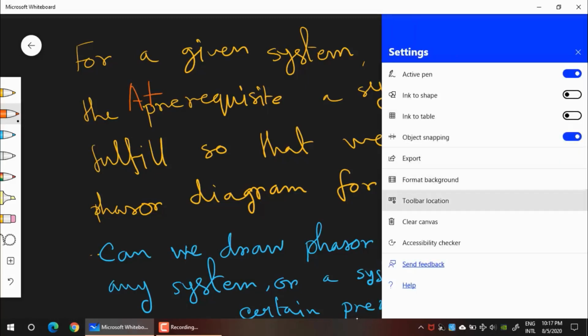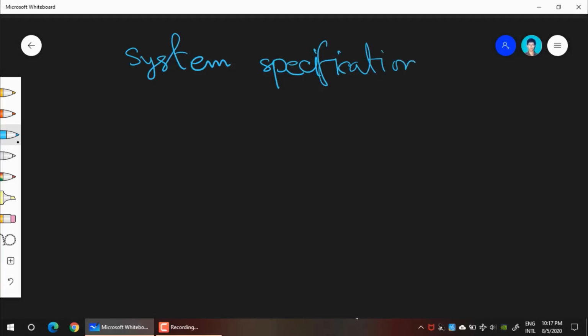So the constraints are system specification, and the second one is time factor, that is, whether we have to wait for some time or we can draw a phasor diagram for any system.